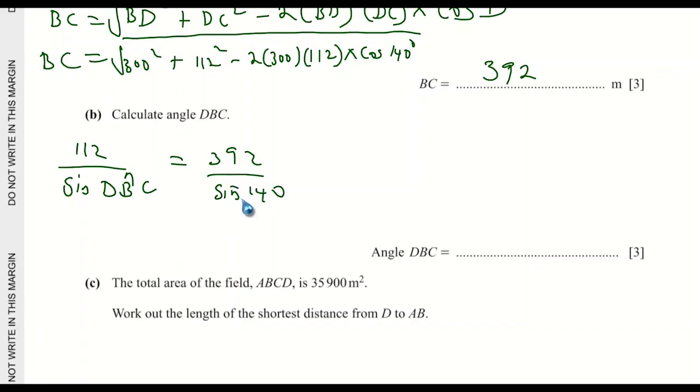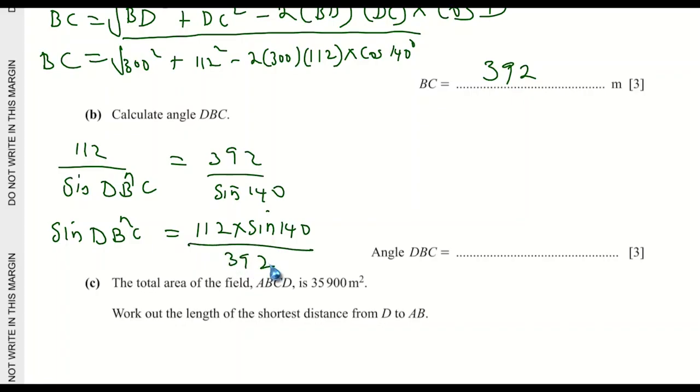If you cross multiply and solve for sine DBC, this will be equal to 112 multiplied by sine 140 divided by 392. If you continue, you see that sine DBC equals 0.1836.